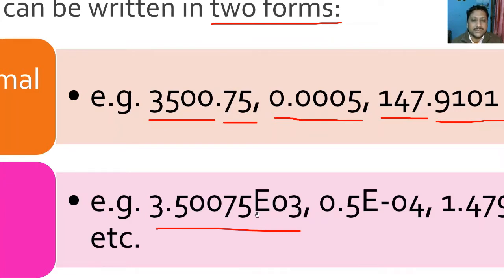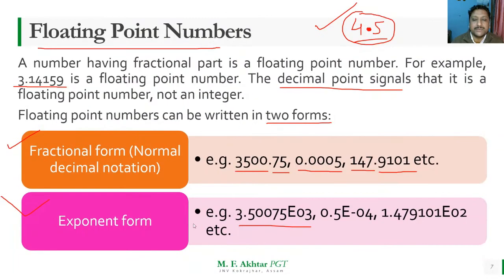E03. What does it mean? It means that this number is written like this: 3.50075 into 10 to the power 3.